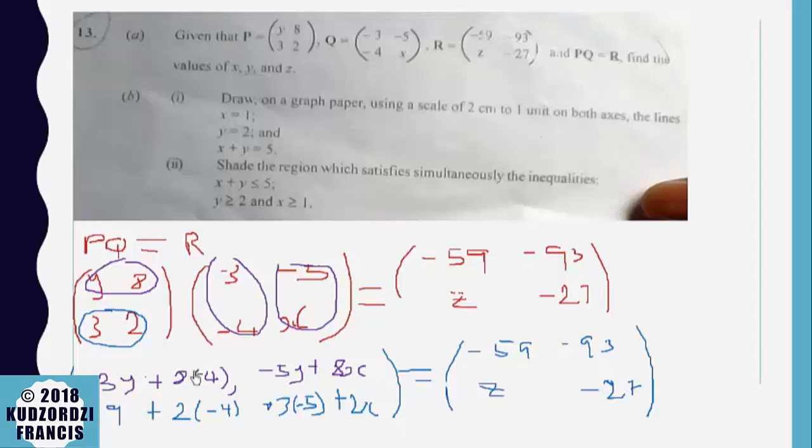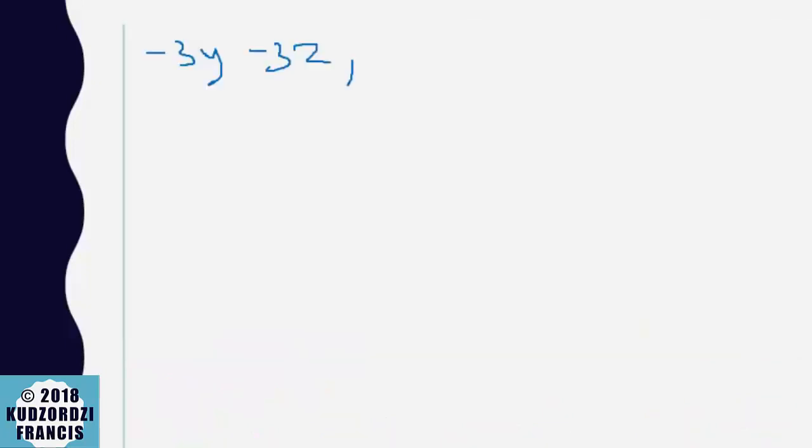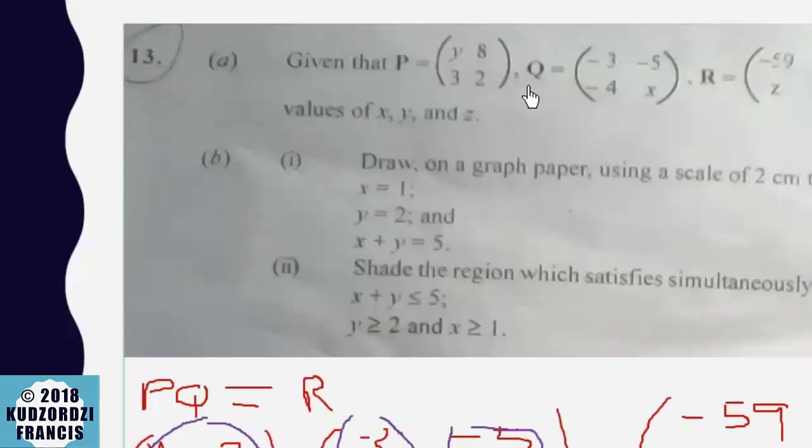To do that, we simplify the entries over here. Negative 3y plus this will give us negative 3y minus 32. Then this one will give us 8x minus 5y.